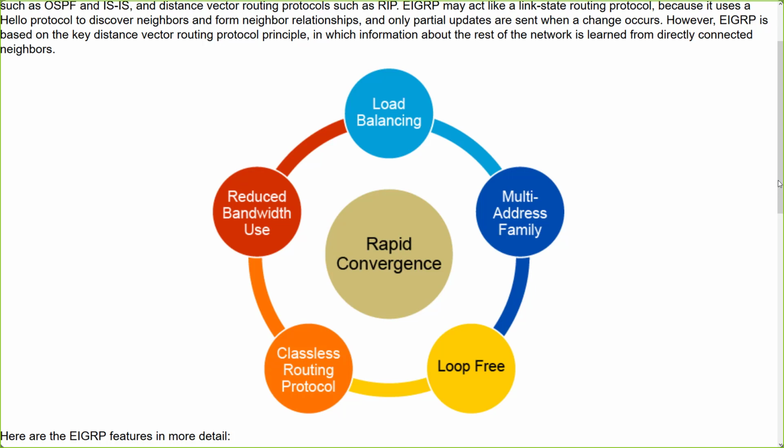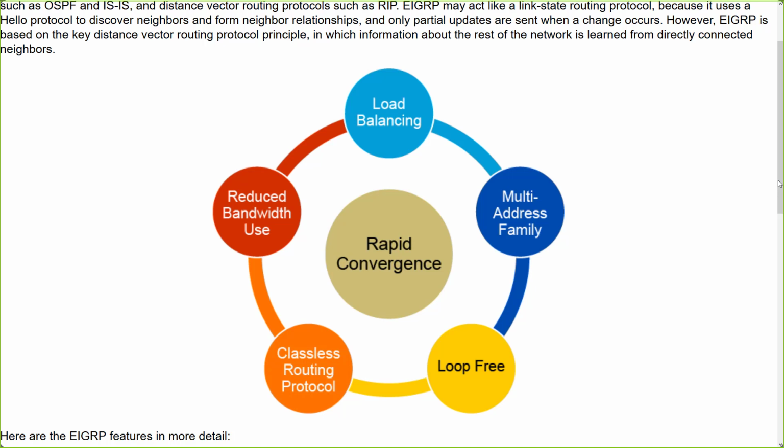But let's make sure, because we don't have a complete picture of the topology, that this alternate path is loop free. So we're going to do a feasibility condition check, which states if the reported distance of the backup path, reported distance is the cost for my neighbor to reach the destination, not the overall path cost, but the cost for my neighbor to reach the destination, if the reported distance of that path is less than the overall feasible distance of my primary path, then there's no way that that alternate path can include my primary path.